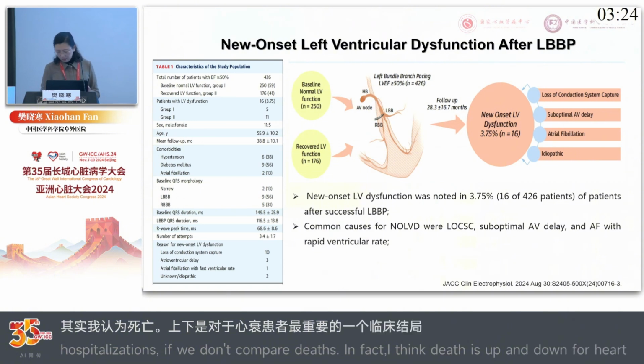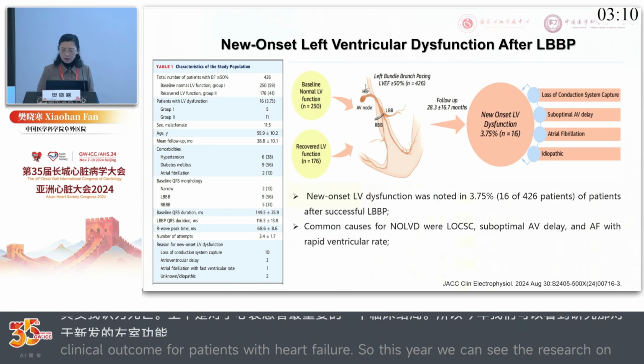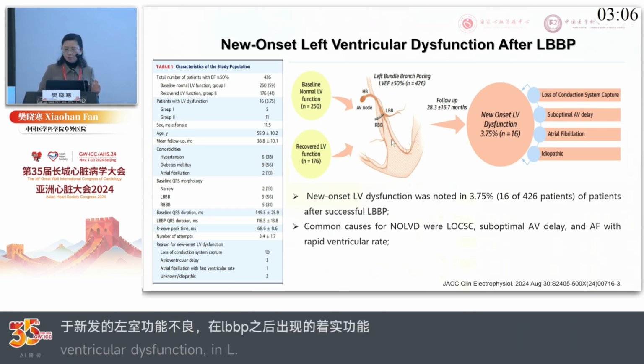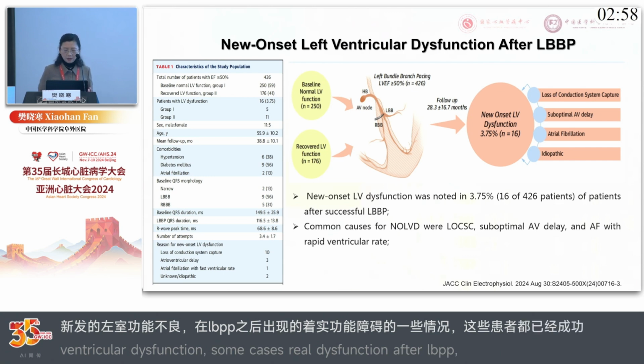This year, we can see just the study, they see the new onset left ventricular dysfunction after LBBP. At least they think their patients all had successful left bundle branch pacing, not left bundle branch area pacing.